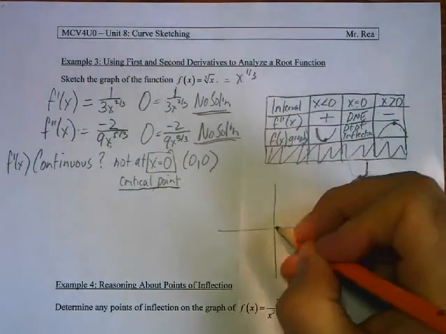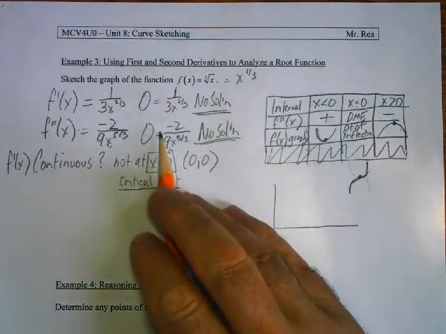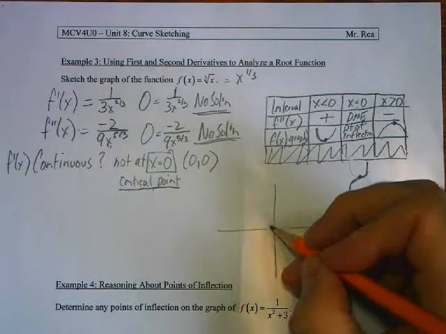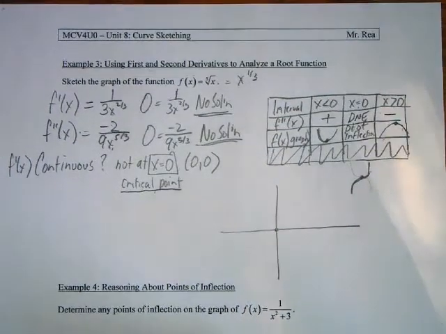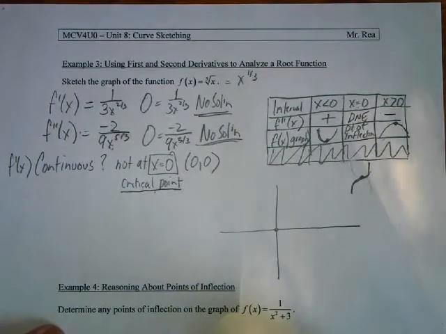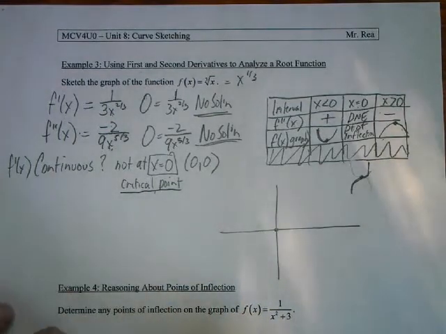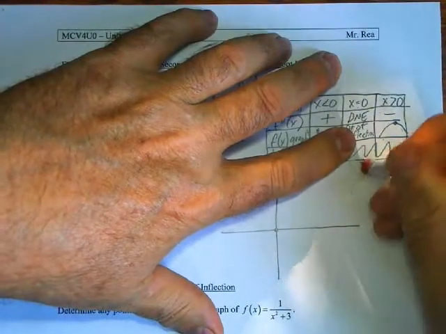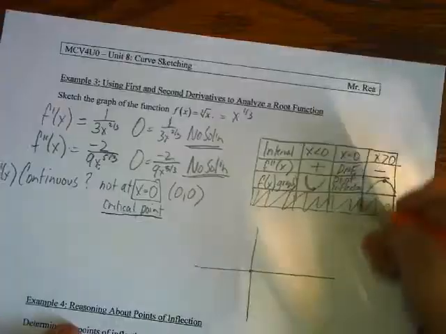So I've got now at x equals 0, remember it's undefined. Well, the function is defined there, but the second derivative is not. So we do have the point at 0, 0. Actually, I think I got that backwards. Yeah, I did. Okay, so that is going to look like this.